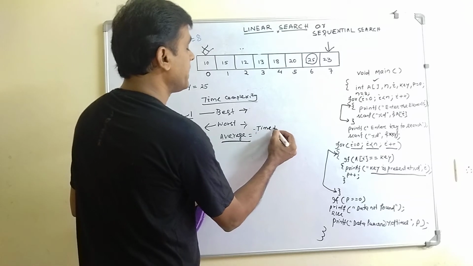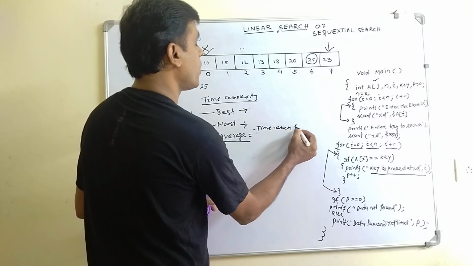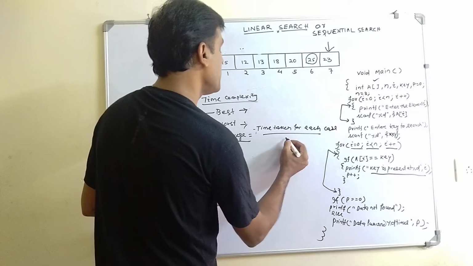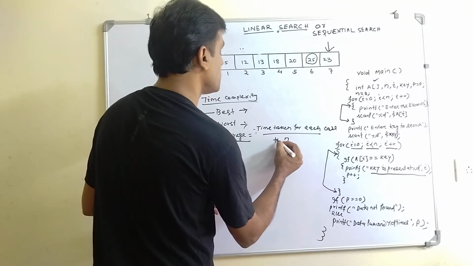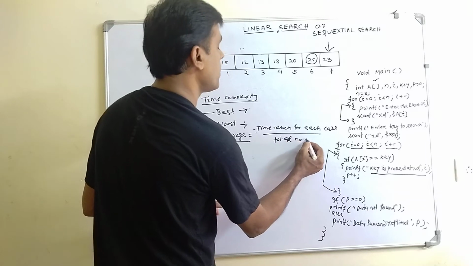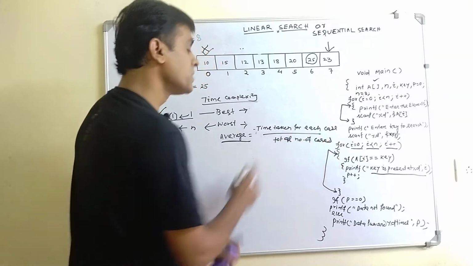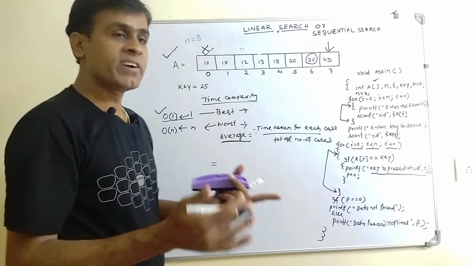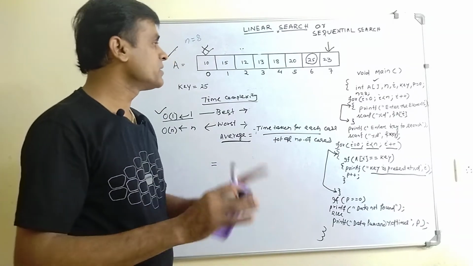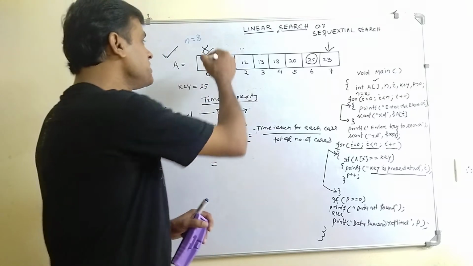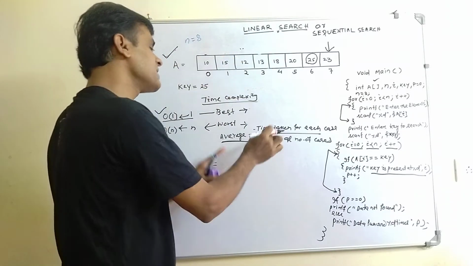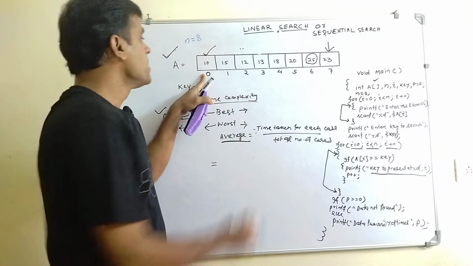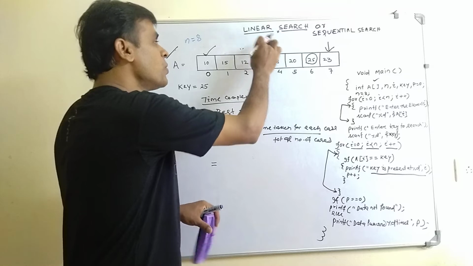This is very difficult to analyze for a particular type of algorithm, because each and every case you have to analyze. So the first part is the time taken for each case: if it is in 0th, if it is in 1, if it is in 2, if it is in 3.